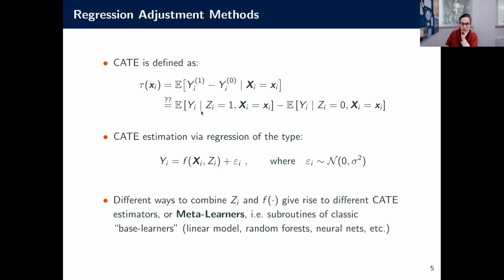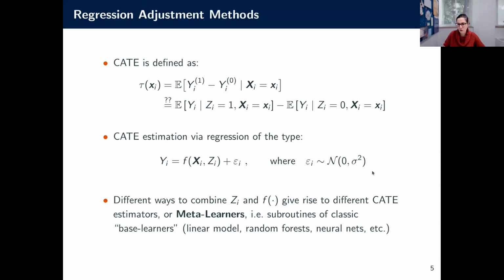So we can instead condition on Z. Let's say that we could condition on Z. Then this is just a difference between two expectations. There are a million types of supervised learning or regression models that you could use. In general, all of these models use some generalization of the following form: Y, my outcome, is some function of the covariates and the treatment plus some error.